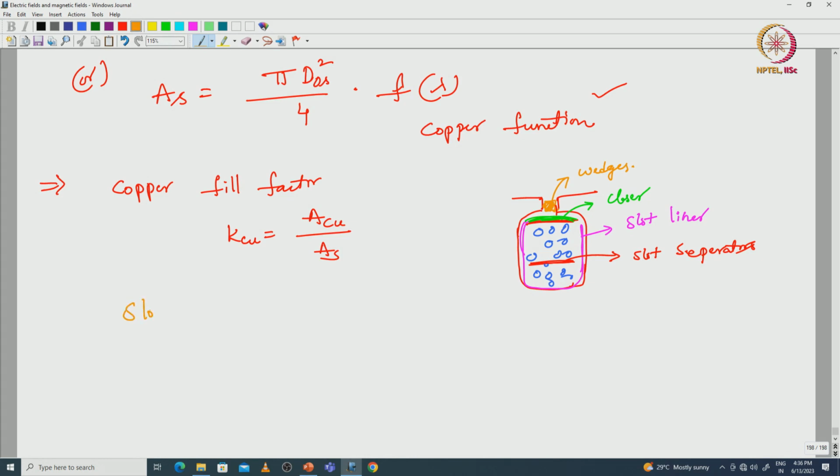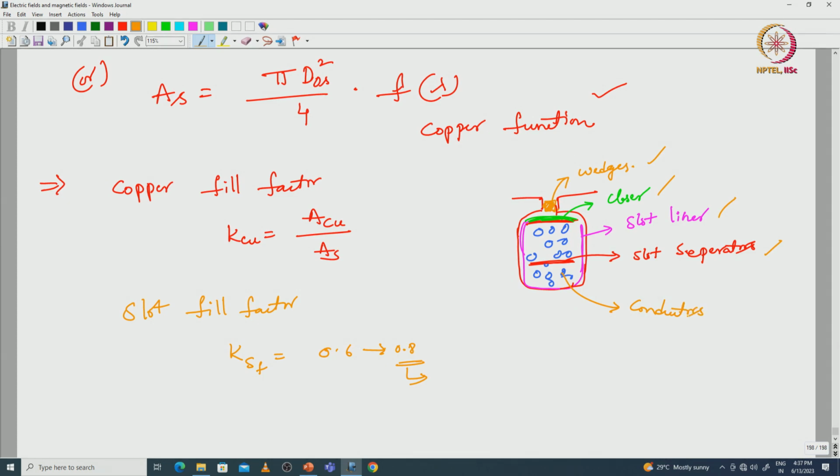So, in order to find the slot fill factor: the slot fill factor is generally 0.6 to 0.8. If we go for 0.8, it is difficult to make the winding, including all these wedges, closers, slot liners, separators and conductors.